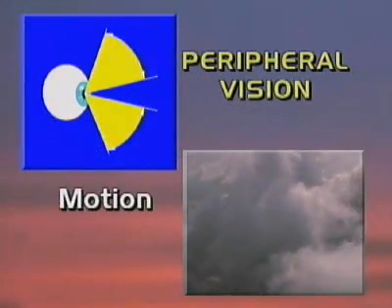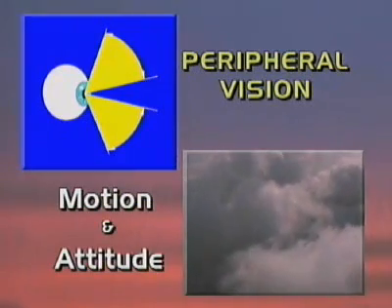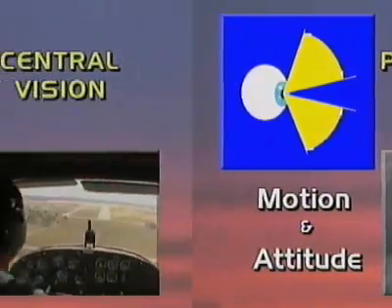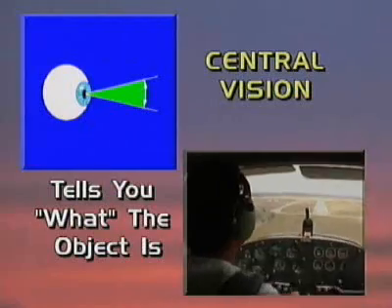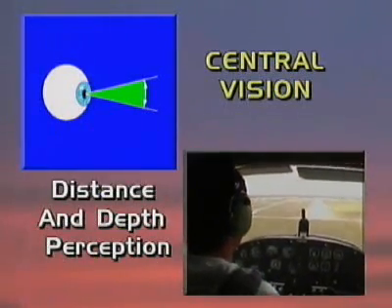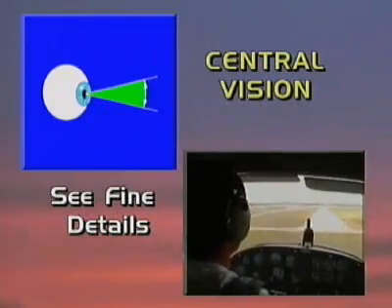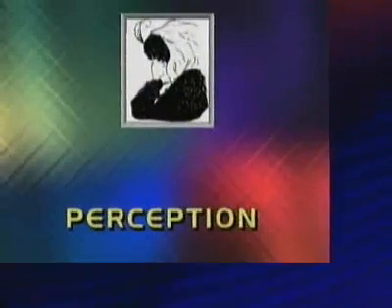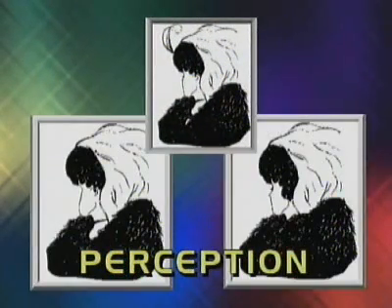Peripheral vision will give motion and attitude cues, but poor visual detail. Central vision tells you what the object is, gives you distance and depth perception, and lets you see fine details. What you have experienced and what you expect to see influence perception.